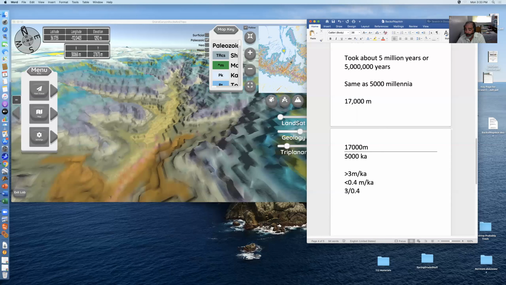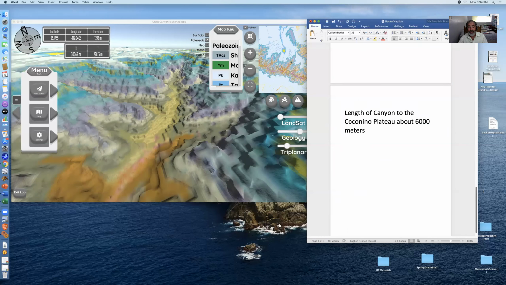Let's try to get ballpark. 3.2 is a little more than 3. 3.2 goes into 4, about 8, right? 8 times 4 is 32. So the rate of widening at this particular location is in the ballpark of about 8 times as fast as the rate of deepening.